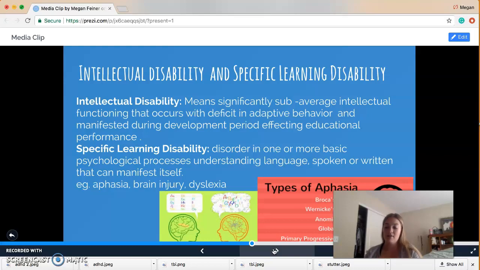Oftentimes, these students have a superior intelligence in one gifted field. Albert Einstein is a great example of this. You as a teacher may see them excel in math, but they may lag in other categories. The strengths and offsets are often noticeable, such as inability to read and write, memory, and difficulty understanding. This usually stems from neurological functioning deficits in the brain.